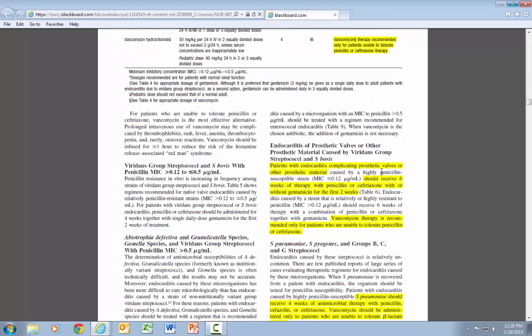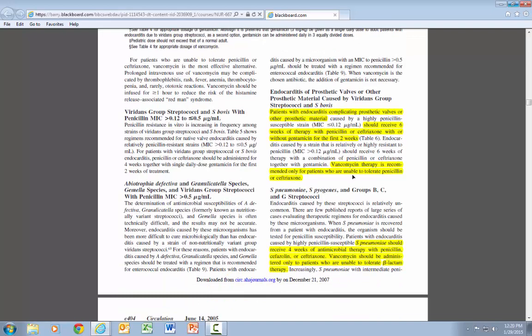Now, if you have a prosthetic valve, you should receive 4 to 6 weeks of therapy with penicillin or ceftriaxone, with or without gentamicin for the first 2 weeks. And again, vancomycin therapy is recommended only if you're unable to tolerate penicillin and ceftriaxone. You need to have that in mind.